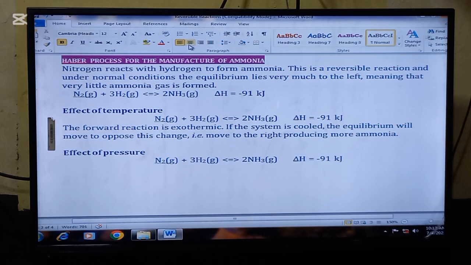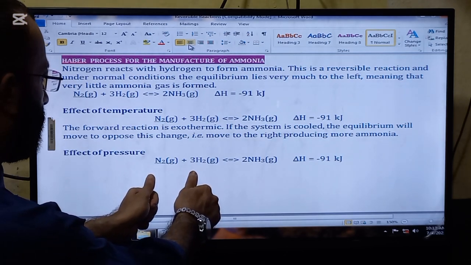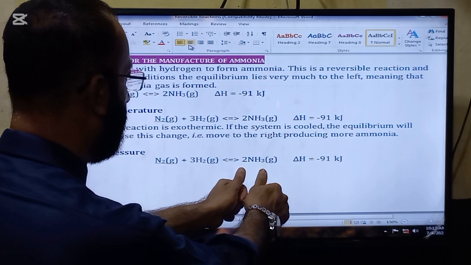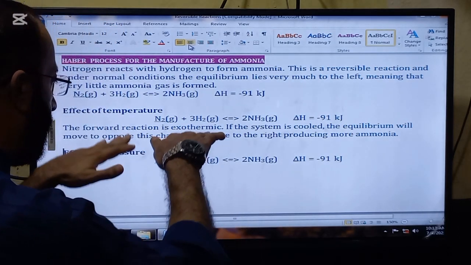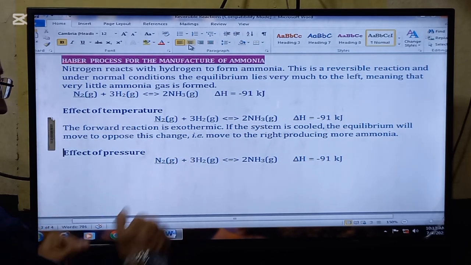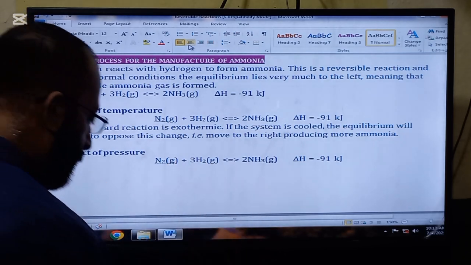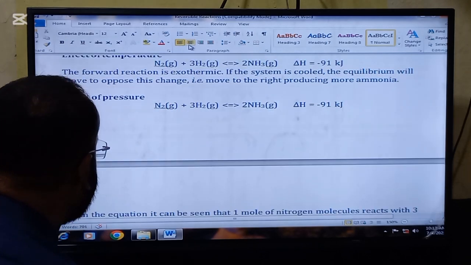Next, the effect of the pressure. Look now, the number of the moles of the reactants is greater than the number of the moles of the product. So increasing pressure will have a good effect on the reaction. The reaction will move towards right, more product yield will be there.